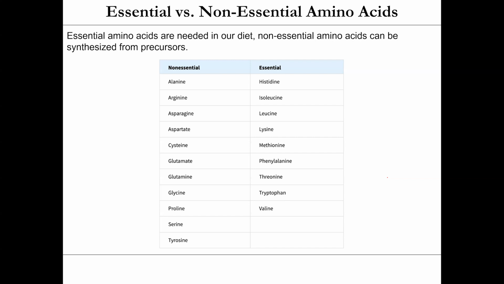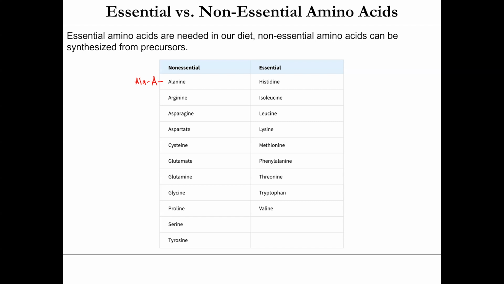So first, the non-essential amino acids, we have alanine. So that's the second simplest amino acid. It just has that methyl group there, and it's ALA and A for its 1-letter code. Next, we have arginine. It's positively charged at pH 7.